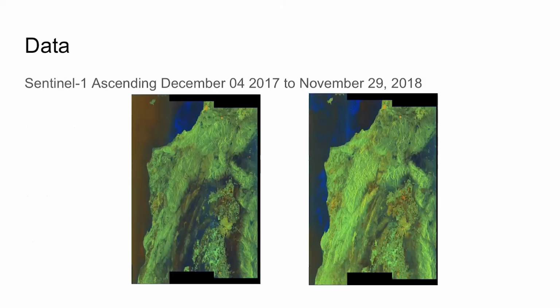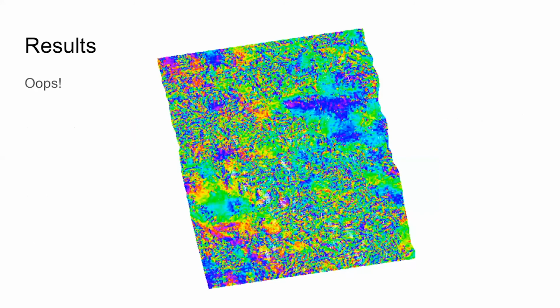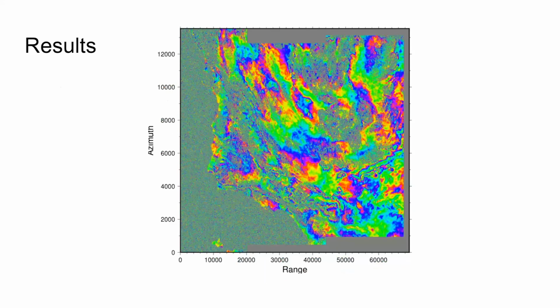This is a preview of what those data sets look like. When I ran them through InSAR, I tried to look at a small area, got my coordinates mixed up, and ended up with this mess. It clipped a bunch of my data, but Eric was nice enough to help me fix it.